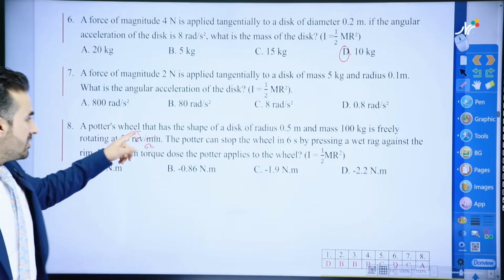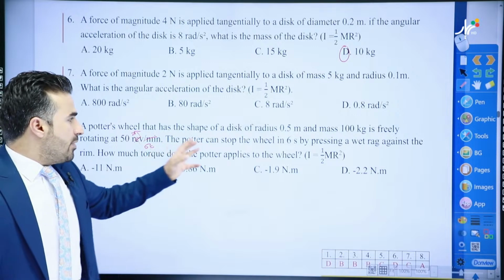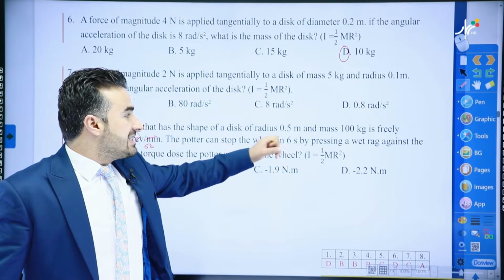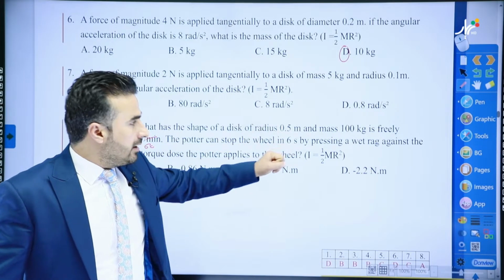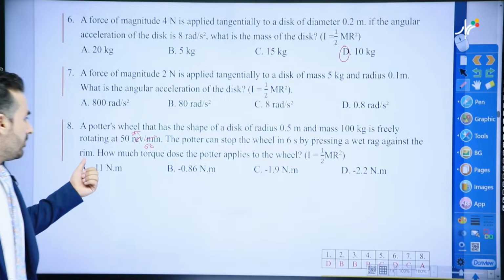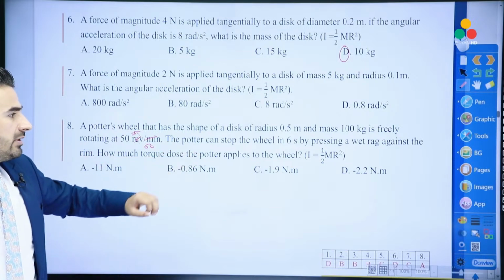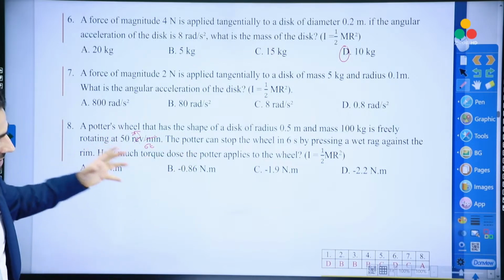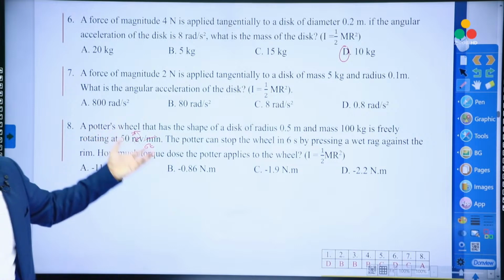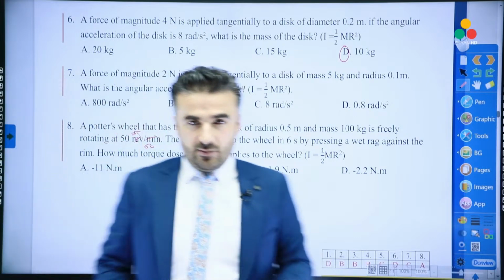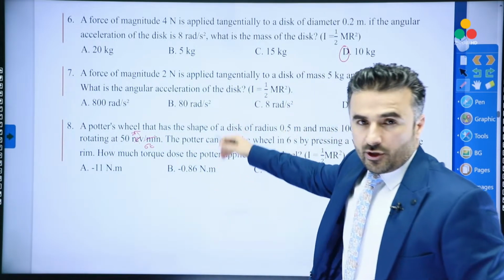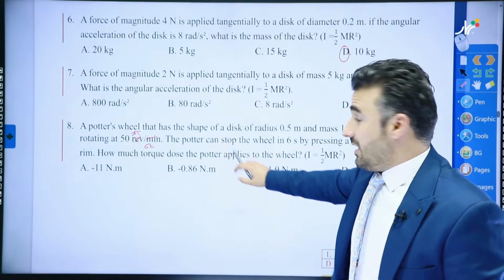So 50 times 2 pi over 60 seconds. The potter can stop the wheel in 6 seconds by pressing a wet rag against the rim. How much torque does the potter apply on the wheel? For this one, I would rather you try this. We've solved a question similar to this in the previous questions in this session.